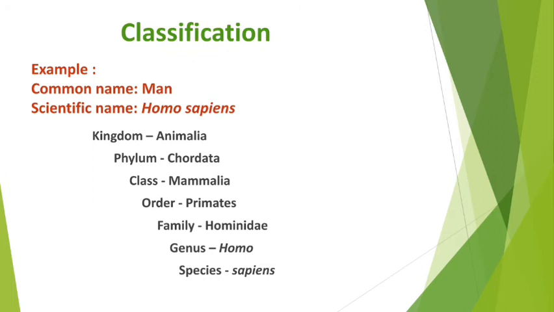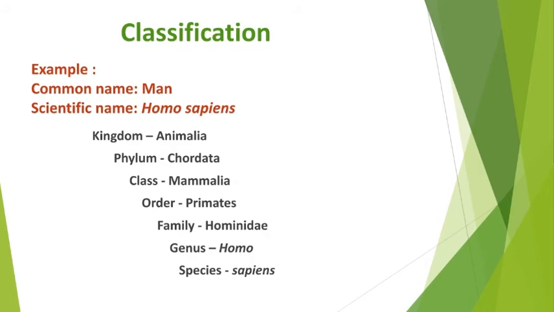One thing I want to tell you is that while writing you should follow this system: after writing kingdom, one step, then phylum, one step, and likewise you go on. In the case of animals, after writing kingdom we always write phylum, and the family name always ends with DAE. You should remember this.